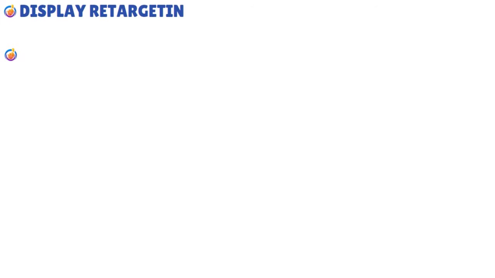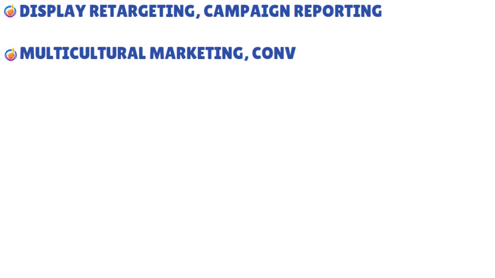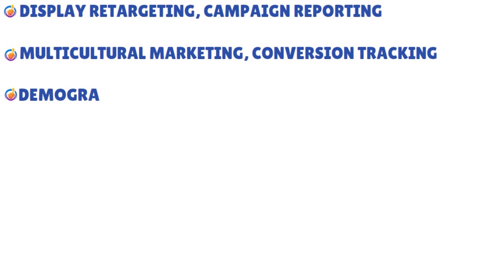I want to keep talking about the features that we love with AudioGO. We also love the display retargeting. We love campaign reporting. We love multicultural marketing. We love conversion tracking. And when we talk about display retargeting, basically we're speaking about you constantly adapting your content based on the demographics and geographies that you want to target.